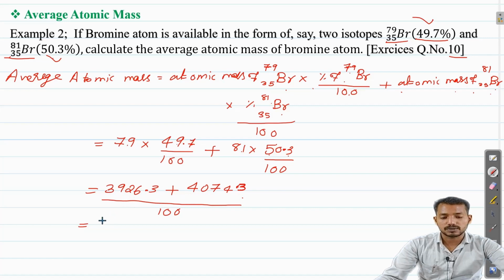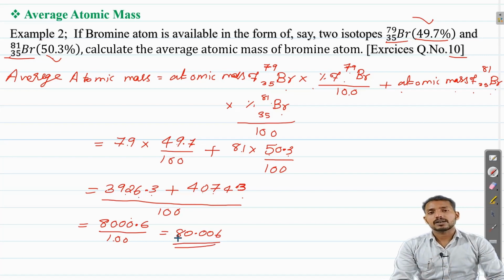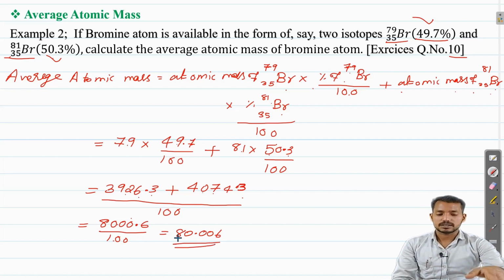Adding these two numbers, 3926.3 plus 4074.3, we get 8000.6 divided by 100. There are two zeros in the 100, so place the decimal point two places to the left. So we get 80.006. Numerical calculations, do it yourself, we don't have time to discuss that.